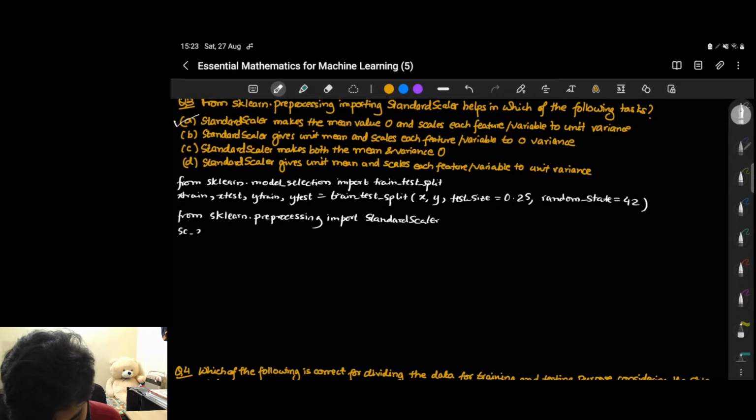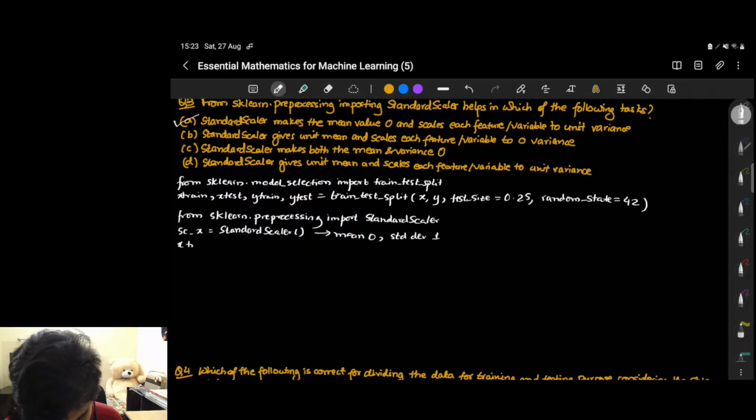And then you would create an instance of this StandardScaler, like so. What this will do is make the mean of your data 0 and the standard deviation of your data 1.